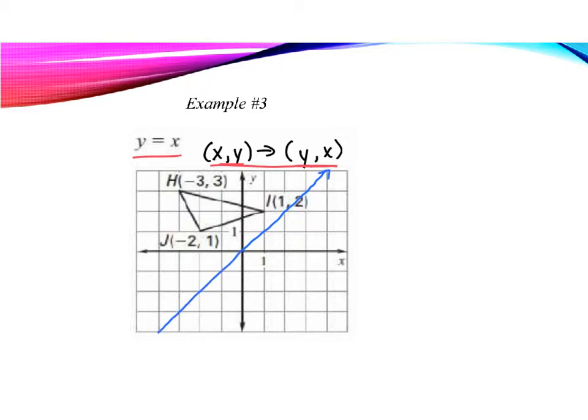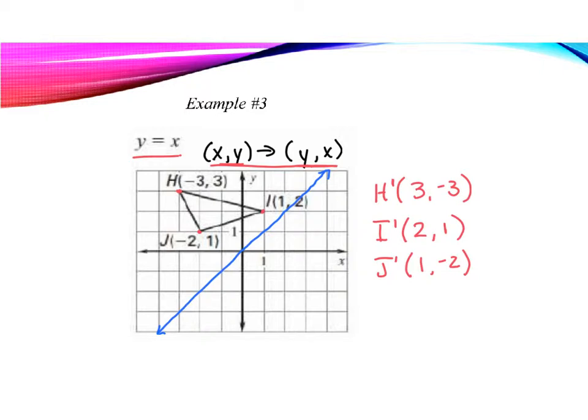Then let's apply the rule to each of these points we are given, H, I, and J. So H prime, our image, is going to be, switch these two values, (-3, 3) becomes (3, -3). I becomes (2, 1), and J becomes (1, -2).